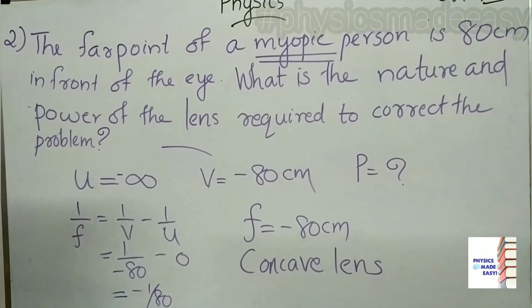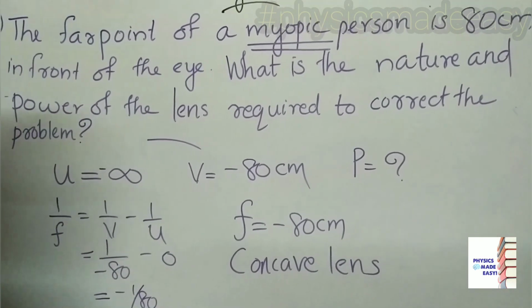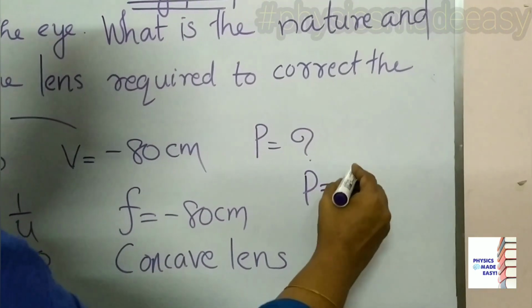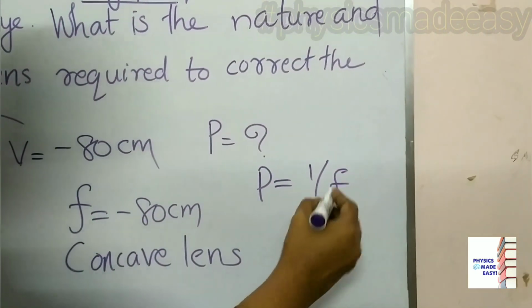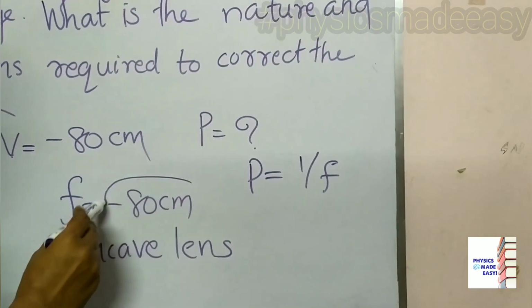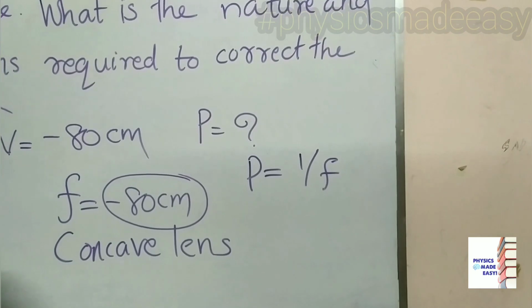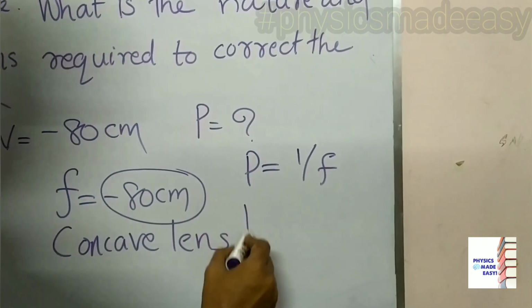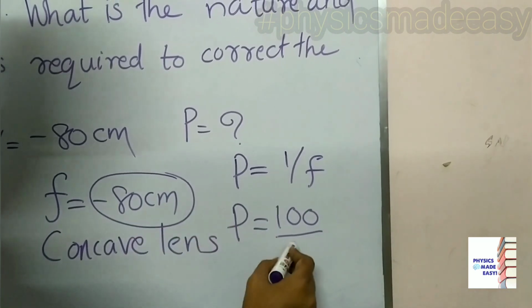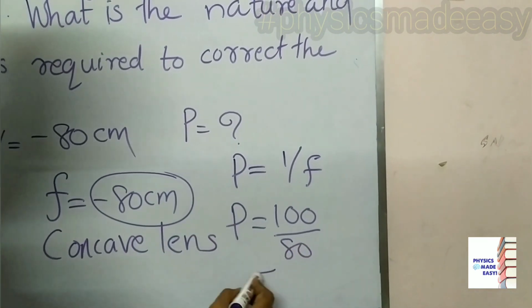So now we have the value of focal length, that is equal to minus 80 centimeter. Then we can find the power. Power is equal to 1 divided by f. I told you children, if the focal length is given in centimeters, we can use the equation power is equal to 100 divided by focal length, 100 divided by 80.